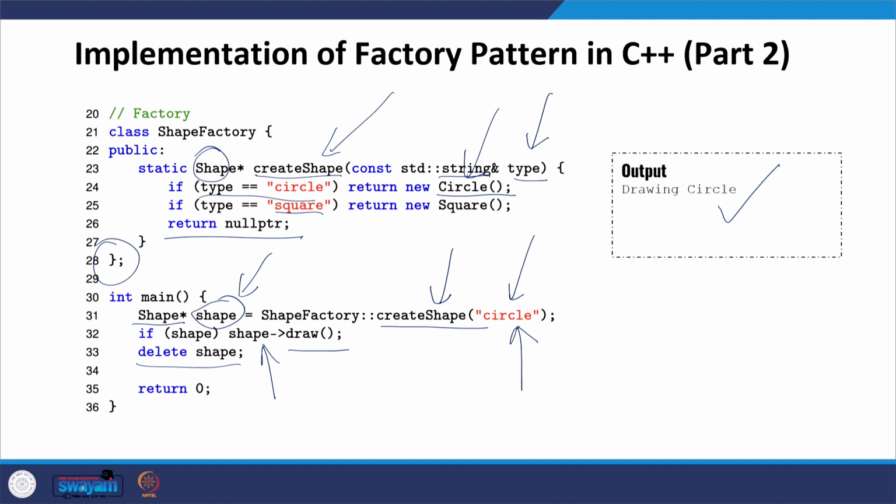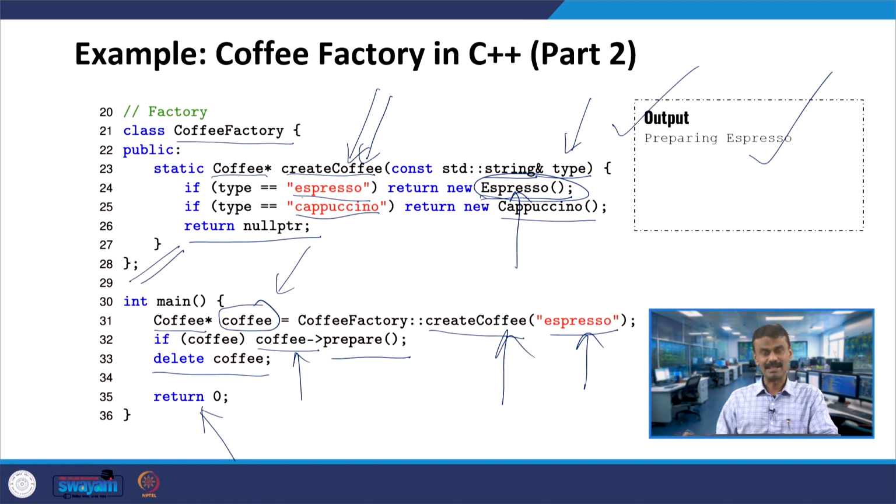In the next lecture, we will talk about the same factory pattern program with the help of Java. We had seen it in the case of C++, and we will see it in the case of Java. For the factory pattern, we have seen two different examples, right. One is the coffee factory example itself.